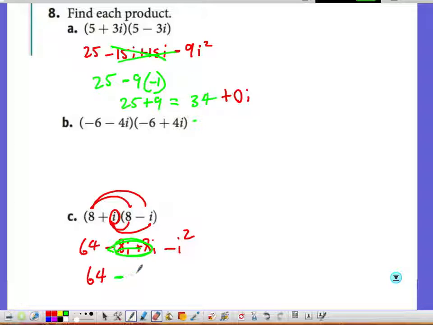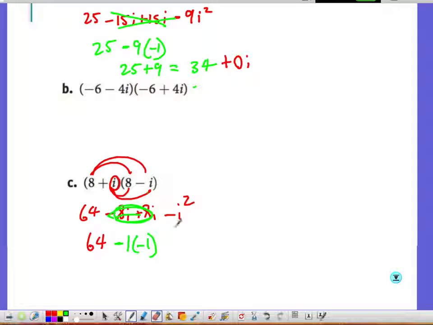Then we have negative, we can just write this as negative 1, and then we have i squared. i squared is equal to negative 1. And so take a look at this. Why do I have two negative 1s? Well, this negative 1 is basically that right there: negative 1 times i squared. And then i squared is equal to negative 1.